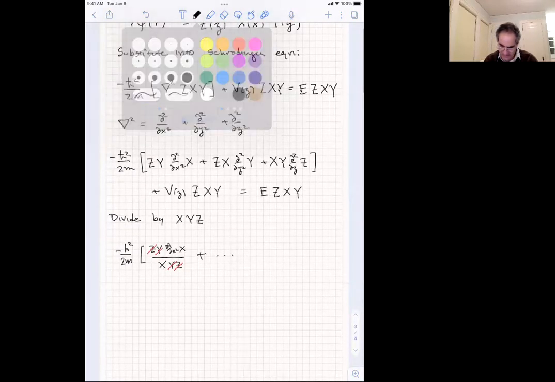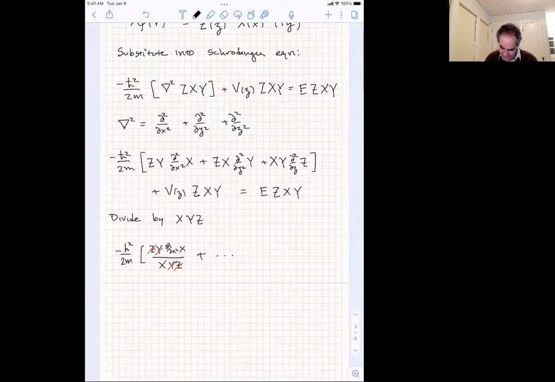So applying the same logic to all the terms, we get minus h bar squared over 2m times the second derivative with respect to x of the x function divided by x, plus the second derivative with respect to y of the y function divided by y, plus the second derivative with respect to z of the z function divided by z.